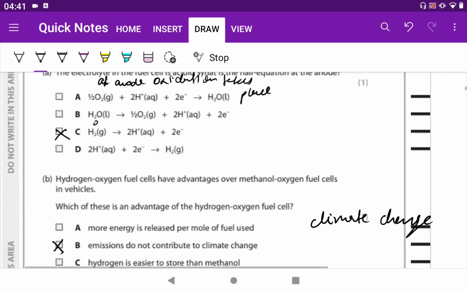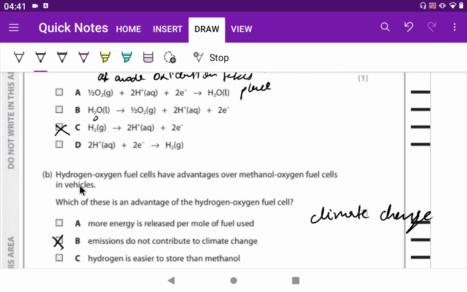Now question B, hydrogen oxygen fuel cells have advantages over methanol oxygen fuel cells in vehicles. Which of these are advantages of the hydrogen oxygen fuel cell?